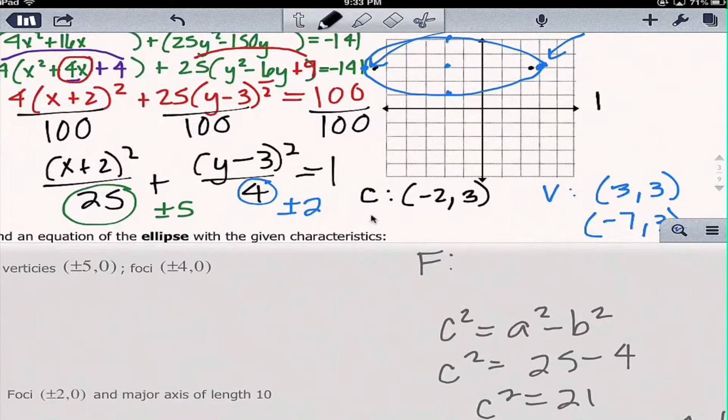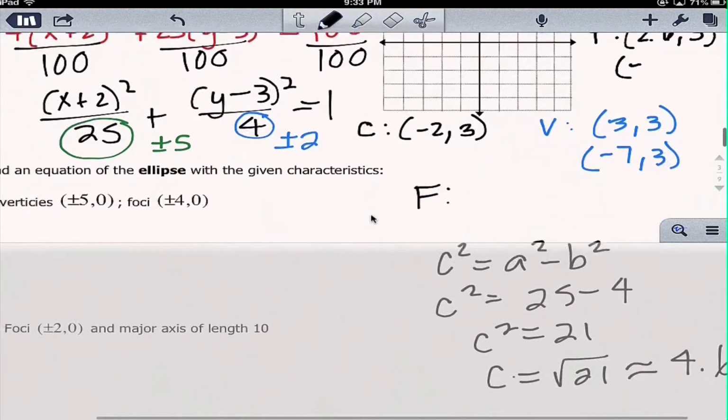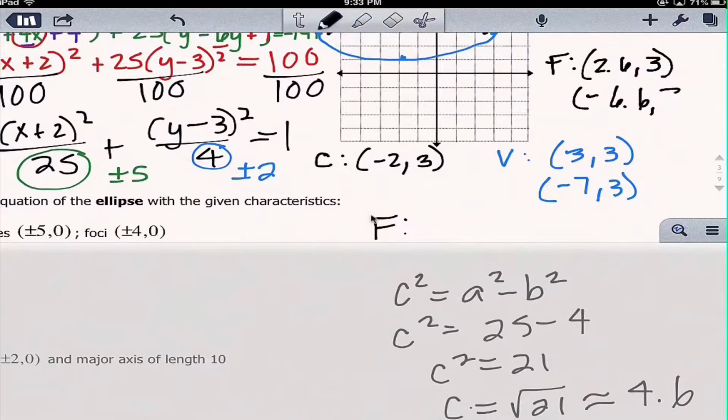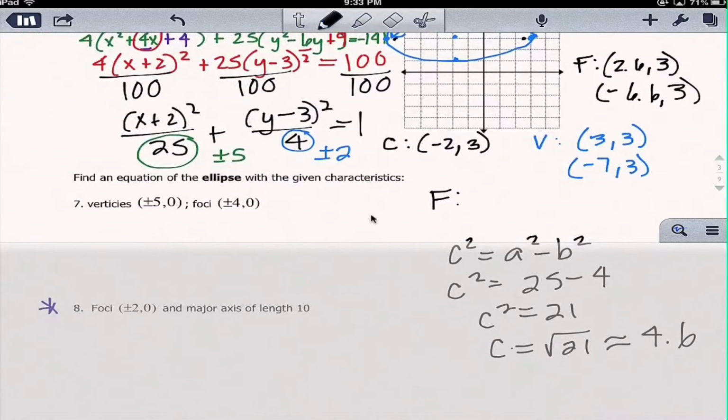So when I'm actually figuring out those values, I have 2.63, and then I also have negative, so we said we are moving 4.6. So I would have negative 6.6, positive 3 also.